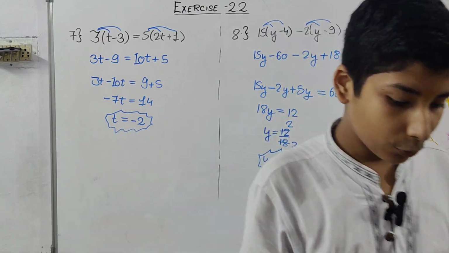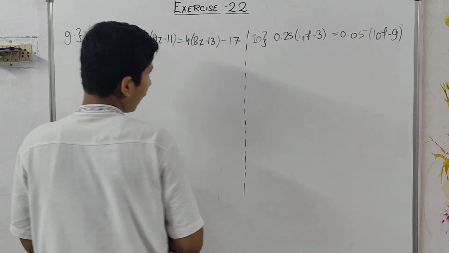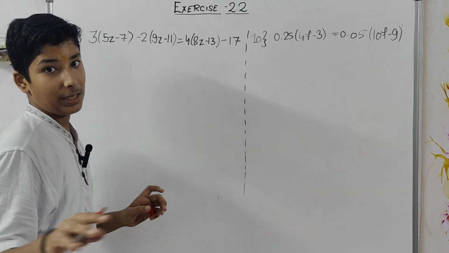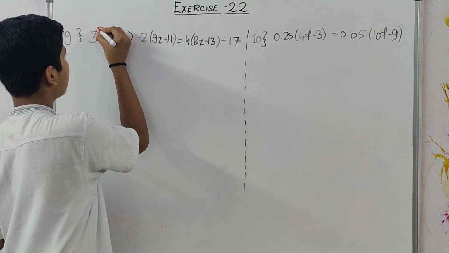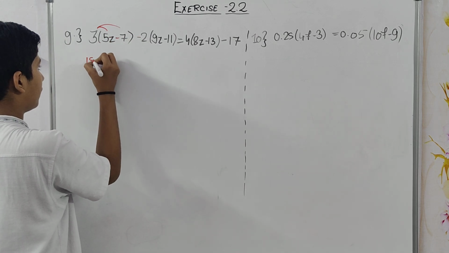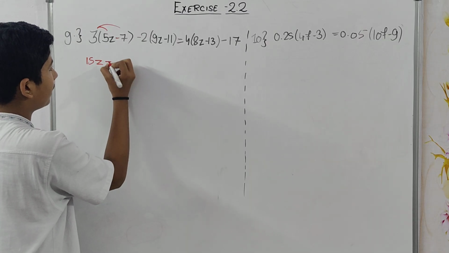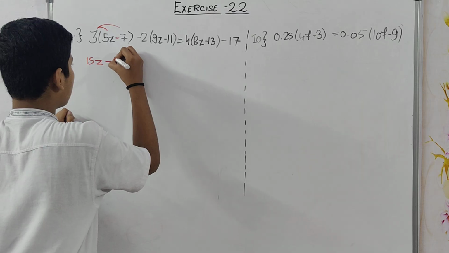Now we come to the last two questions of our video. These questions are longer than all the others we have solved. This one is the longest. Now what we do? The same thing. 3 into 5z, 3 5s are 15z, minus 3 7s are 21.